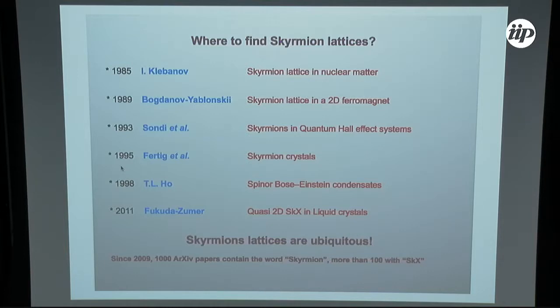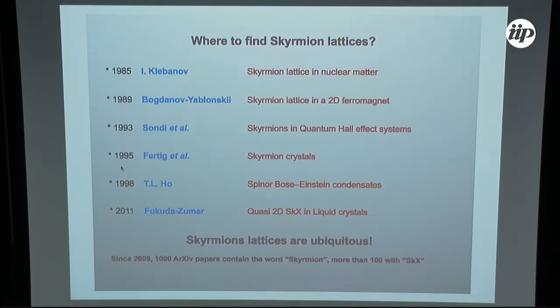Also, two related papers have to do with quantum Hall effect systems, where there was a big fuss in 1993 to 1995 about these Skyrmion crystals. There are also mentions in spinor Bose-Einstein condensates, where we have this extra spin degree of freedom, and more recently in quasi two-dimensional liquid crystals, where these structures also seem to appear.